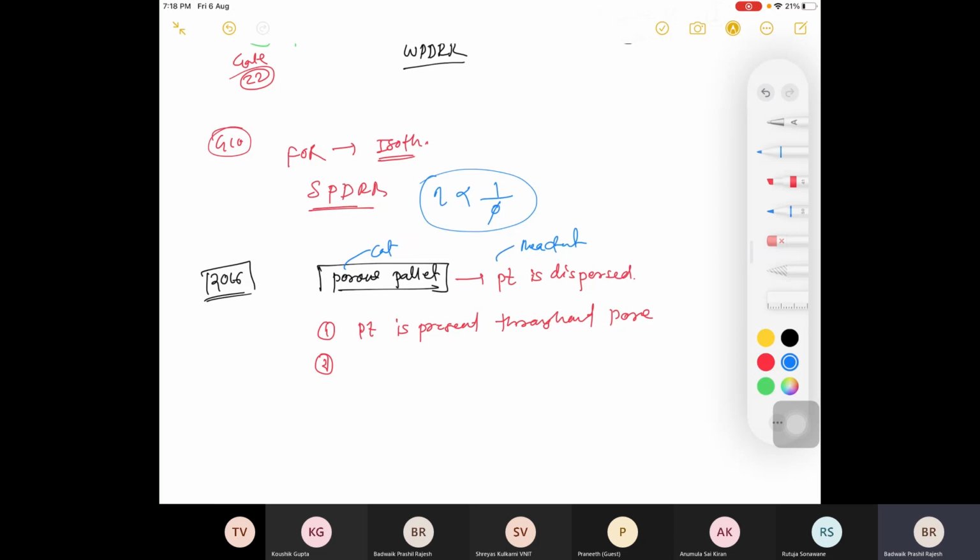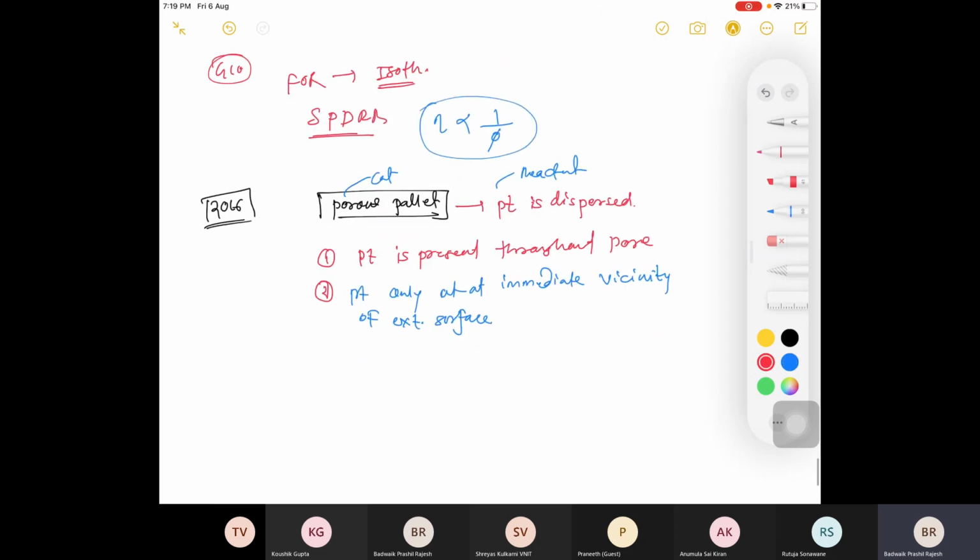And the second case is platinum is only in the immediate vicinity of the external surface.